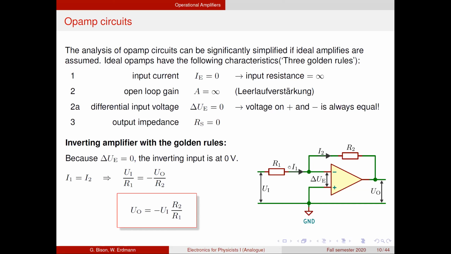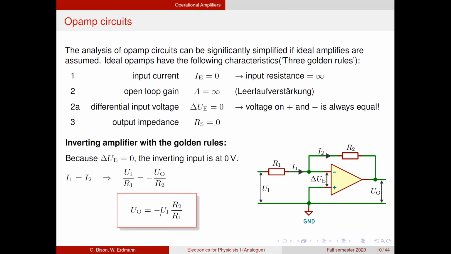And of course, one has to always know that using the golden rules makes an approximation. But in terms of op-amps, it's really a very good approximation. As we've seen, a typical amplification of an op-amp can be 100,000.